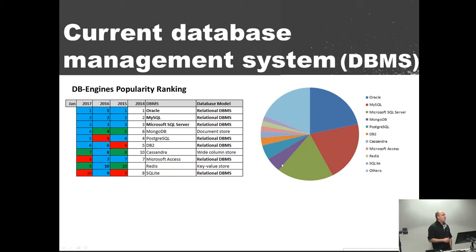So it's not yet competing with the 3 big ones. And the 3 big ones are roughly of the same importance. Although Oracle is number one, there's not a big difference between Oracle and MySQL in practice, in terms of users.